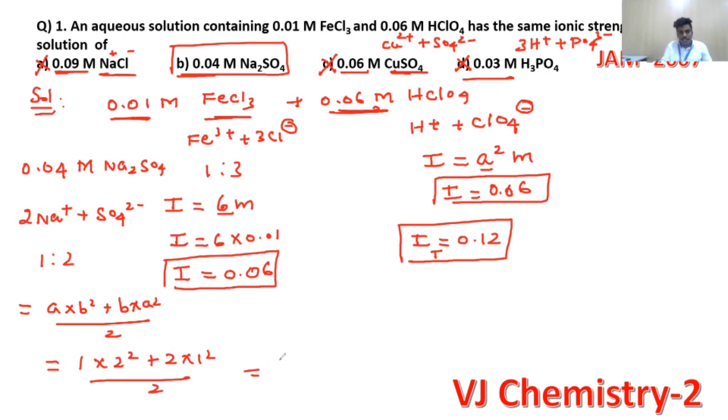This is 4 plus 2, 6. 6 by 2, 3. 3m. What is the concentration given? 0.04. 3 into 0.04. What is the answer? 0.12. Then which has the same ionic strength? Answer is B. The 0.04 molarity of sodium sulfate has the same ionic strength as the solution containing 0.01 m FeCl3 and 0.06 KClO4.